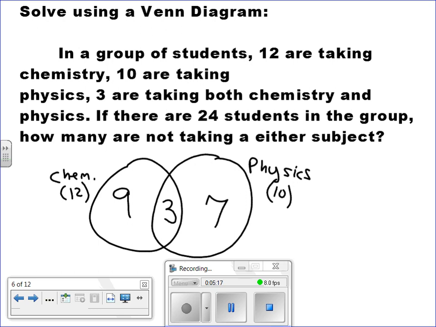How many are not taking either subject? Mac? So how did you get that? Perfect. So she found out 19 people total are in chemistry or physics or both. And then she realized there were 24 people total in our group. So 24 minus 19 is 5. We're not taking either.